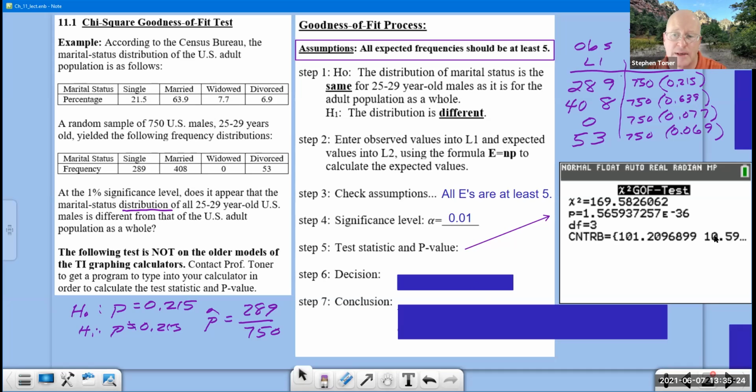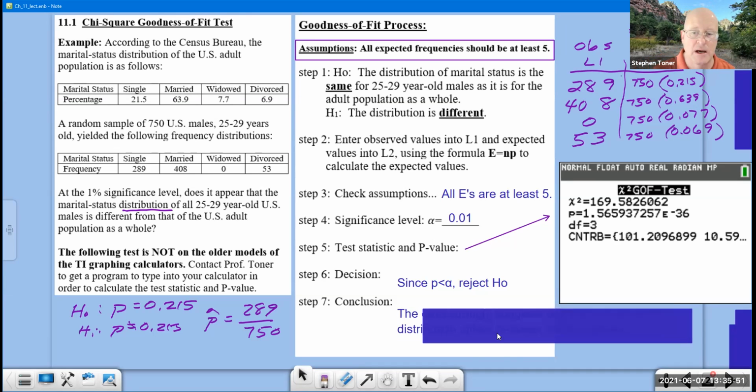Notice how our p is going into scientific notation. Please don't miss that E-36, because that means move the decimal 36 places to the left. So we really have a lot of zeros before that 1 even comes up. This effectively, if rounding to 4 places, becomes a p-value of 0. So our decision is going to be, since our p is less than 0.01, reject the null hypothesis.